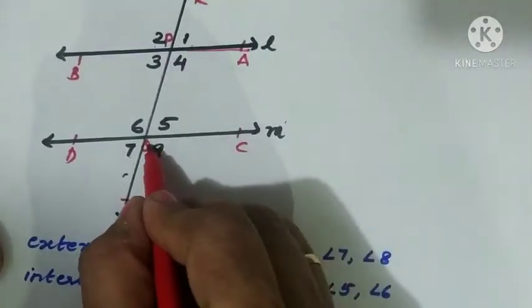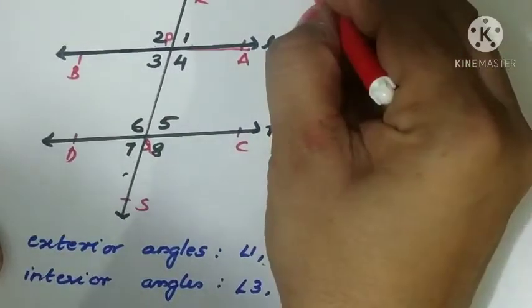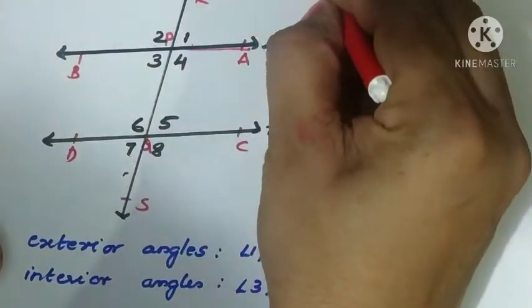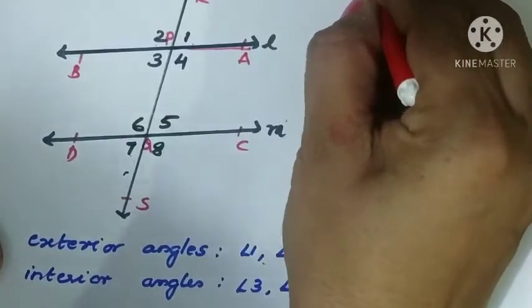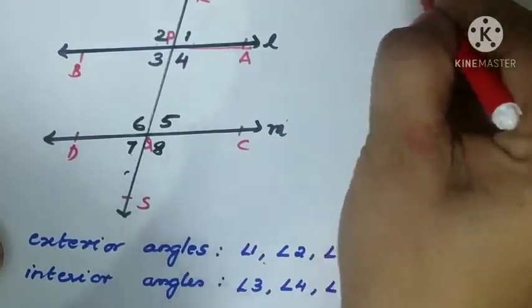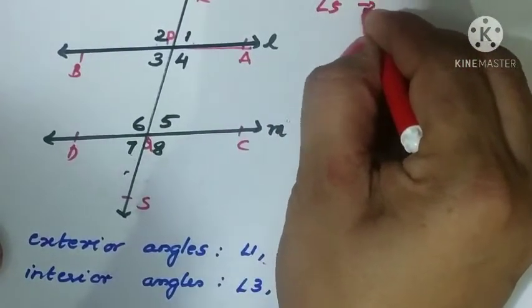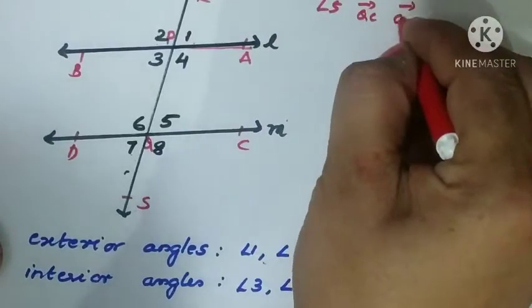Similarly, angle 5 is formed by QC and QP. Just I'll explain with one example. Angle 1 is formed by the ray PA and ray PR. Similarly, angle 5 we are taking, it is formed by QC and QP.